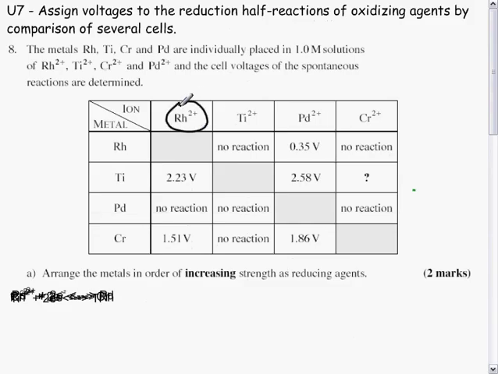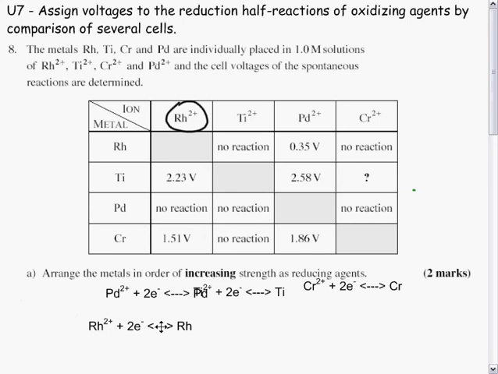We'll start off with Rh2+, and we'll compare what spontaneous reactions we get. Now, I've already previously written out these reactions just to make this a little bit easier. We're starting with Rh2+. We've written this as a reduction, just as they are in the table, and Rh is reacting in the first one with titanium.